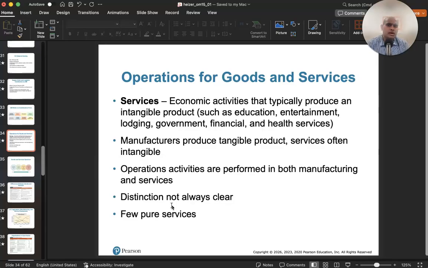Now, operations activities are performed in both the service sector and the manufacturing sector, and the kind of operations that you do and the operations management that you do tend to be slightly different, even if the concepts behind them might be the same, right? So you might be managing a workflow process on a manufacturing floor.